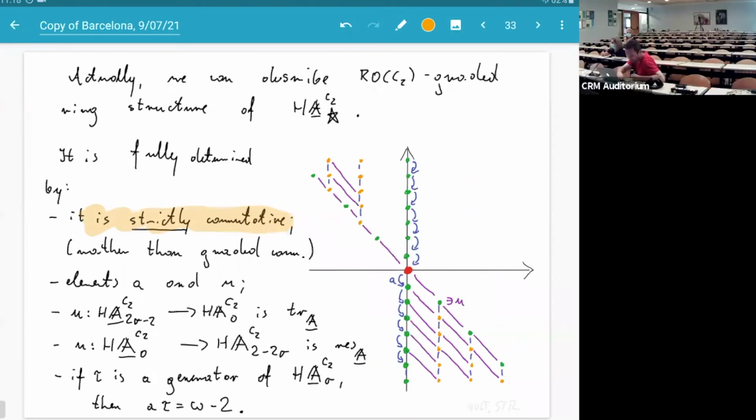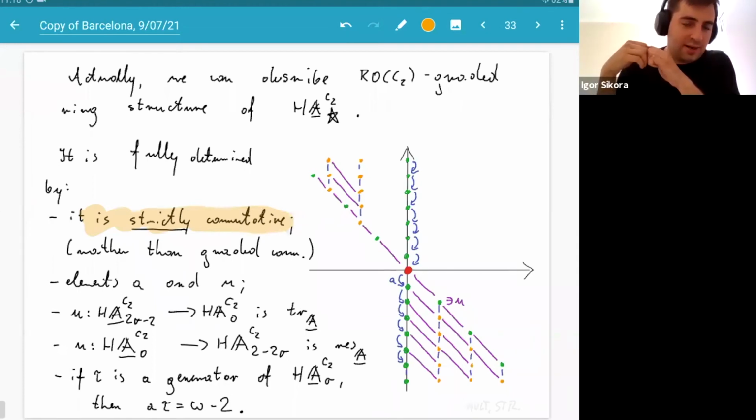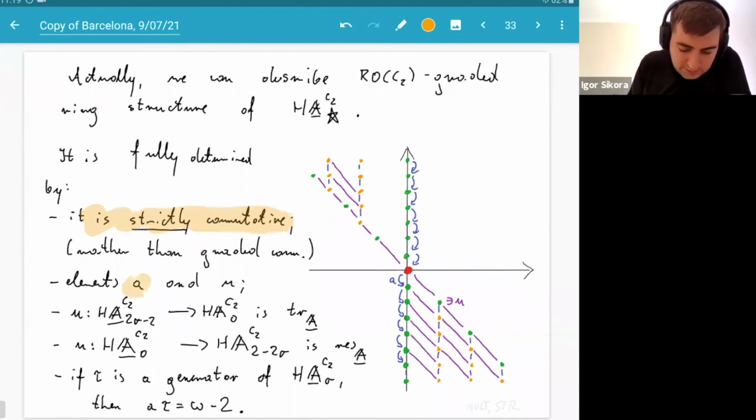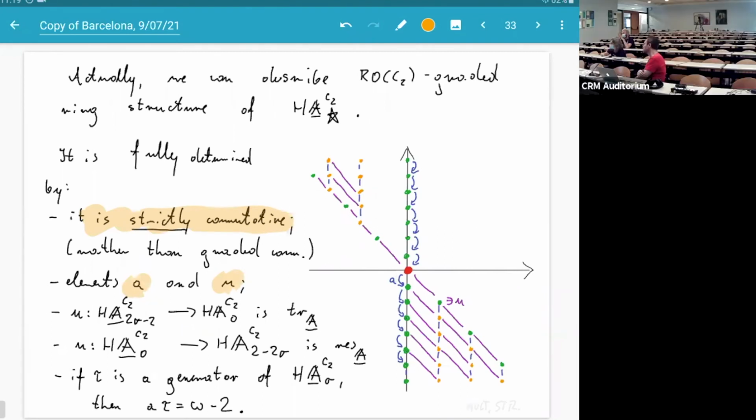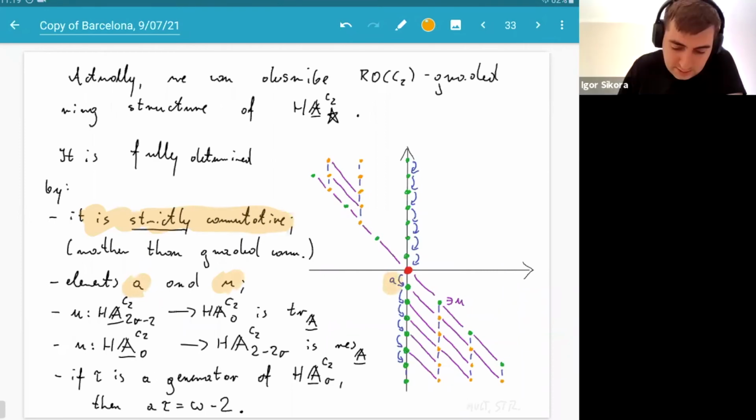But in this case, these are actually equal. There is no sign appearing here. And we have two elements which will describe this structure in full. Well, three elements, because the other will be the class omega. So the element A is the element over here. It is an element of degree minus sigma. The degree of A is equal to minus sigma.